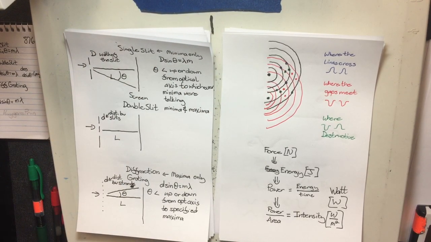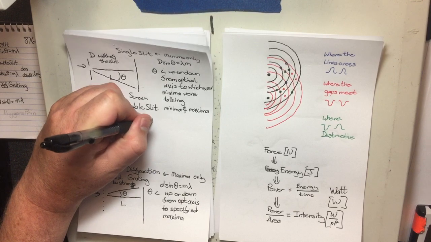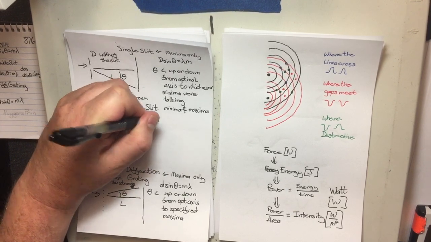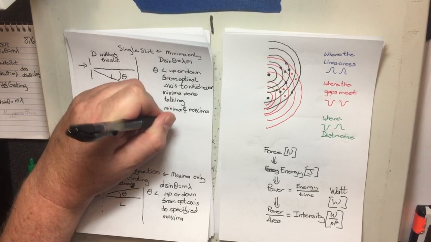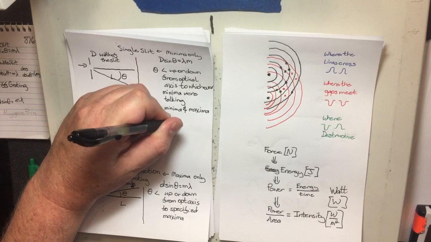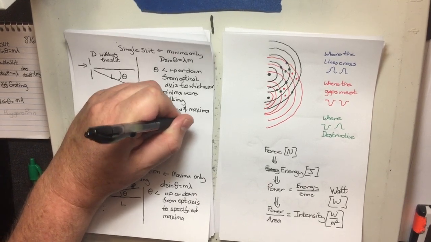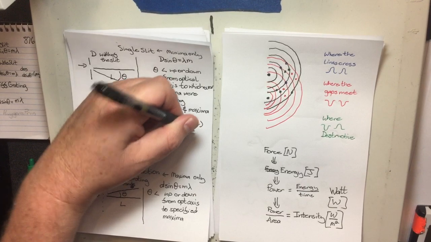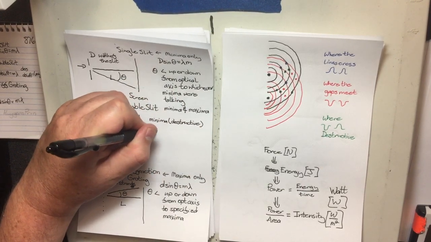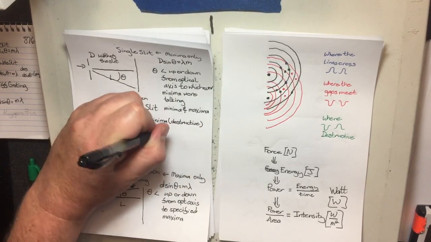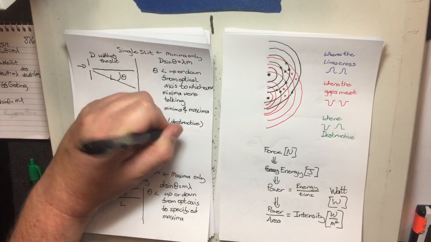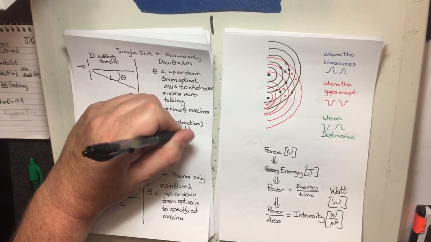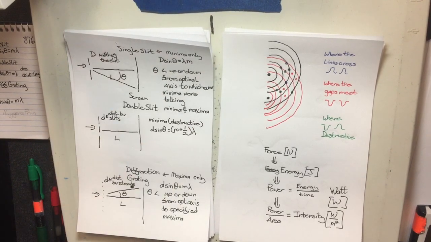Now, for the minima, or destructive, it is d sine theta equals (m plus 1/2) lambda. Just so for people at home, lambda is the wavelength of the light that you're pumping through this.